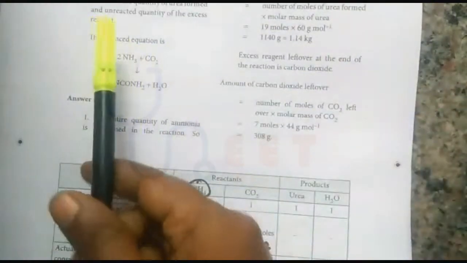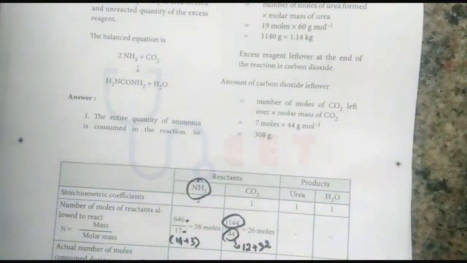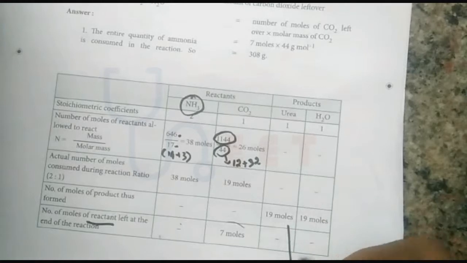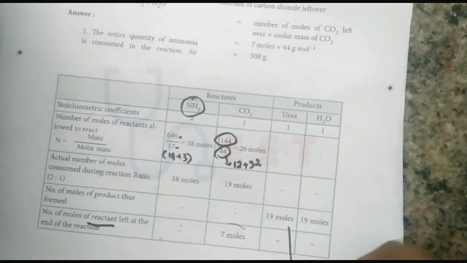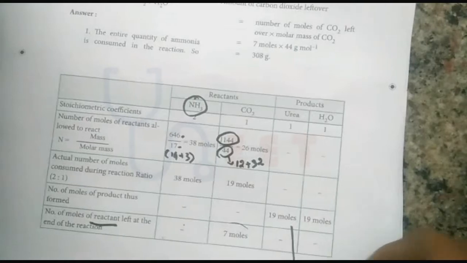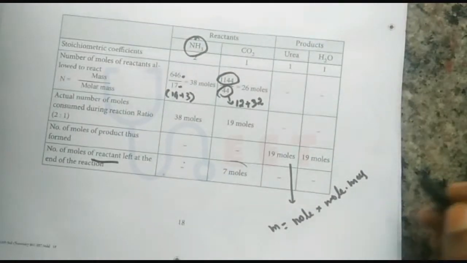Then another question: calculate the quantity of urea formed. The formation of urea is 19 moles. Quantity of urea means the mass of urea. Mass equals moles into molecular mass.